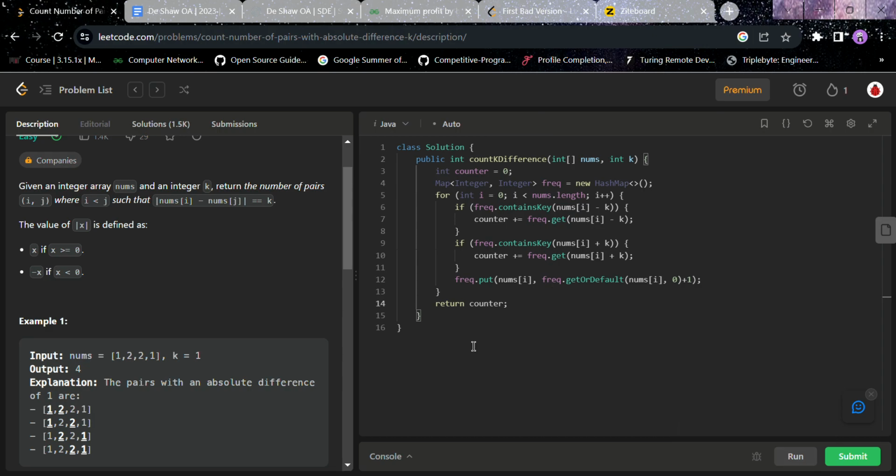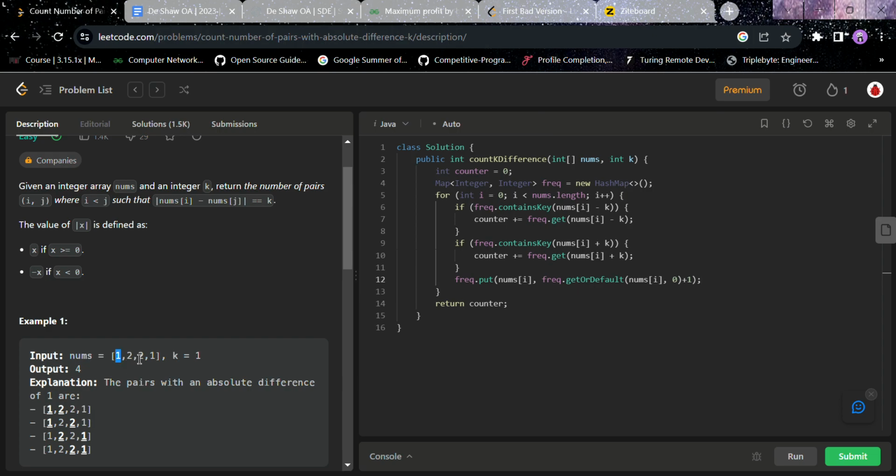Okay, let's try a dry run again. We have 1 2 3 4. At 1 our map is empty, so we'll just put it in our map, and its frequency is 1.